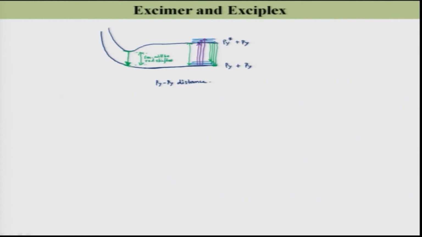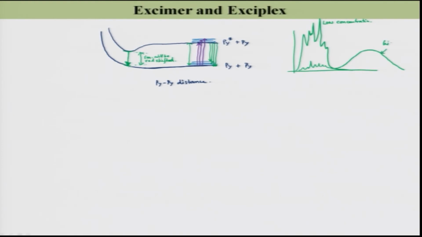And exactly what you can see here in case of pyrene: at low concentration the emission is like this, and in high concentration this part decreases and a new part increases.